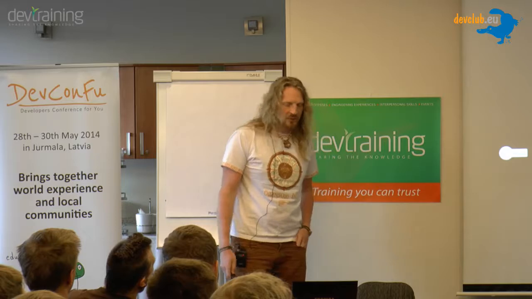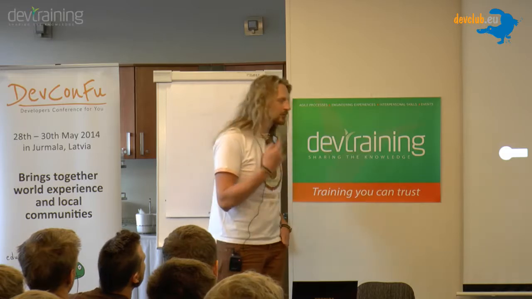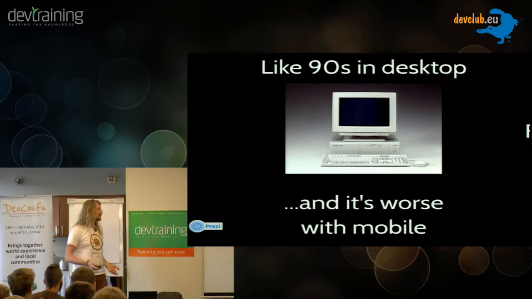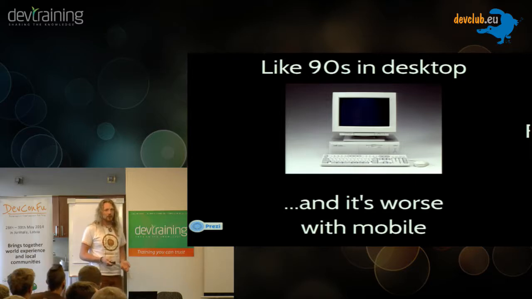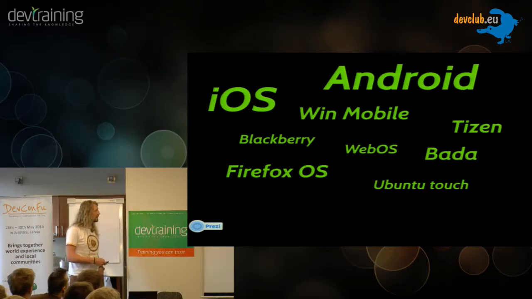So with mobile, it's worse, if we look at the native approach of writing applications, because after the iPhone shortly came Android, and Android is a completely different operating system, with a completely different way of writing your applications, and there's more.